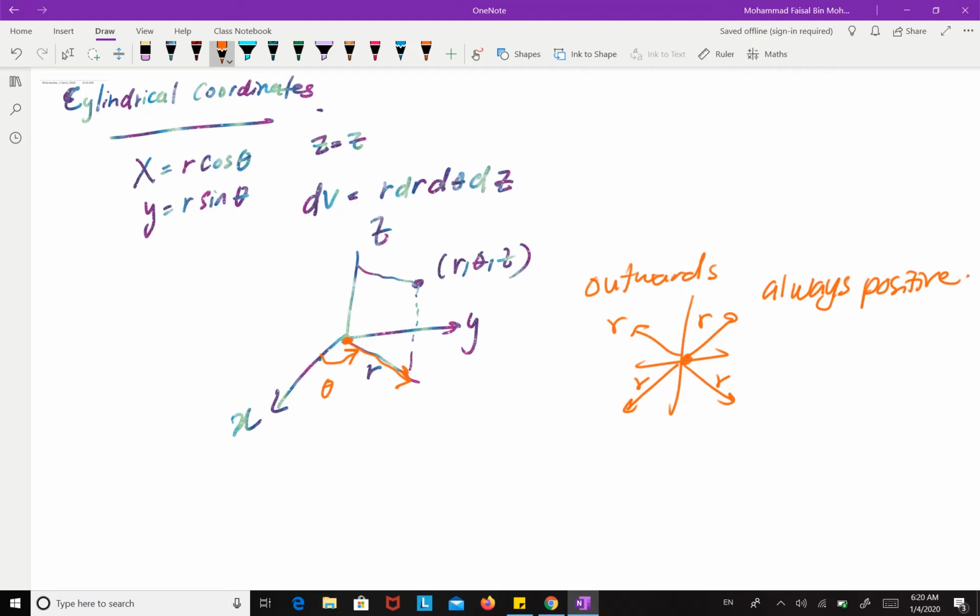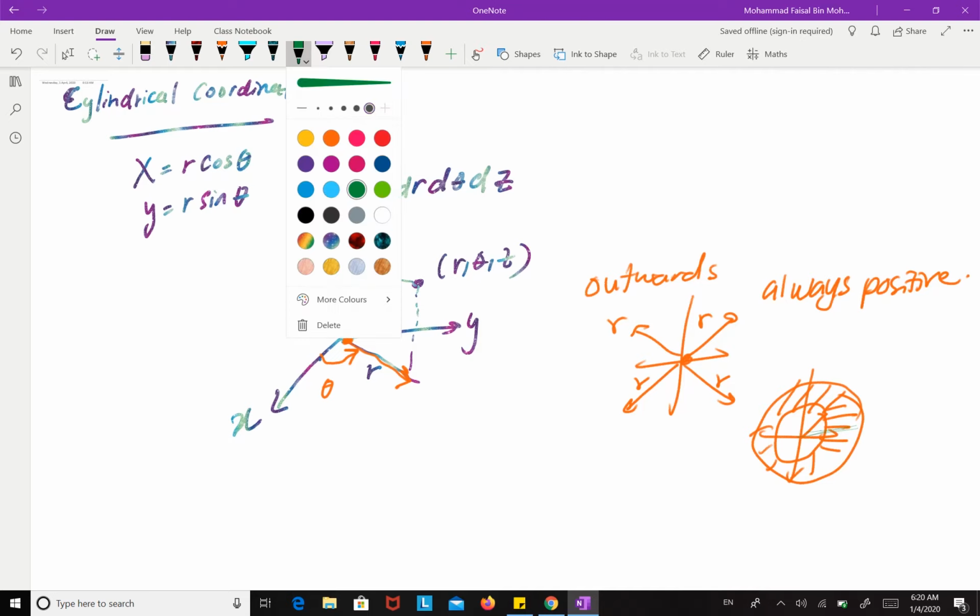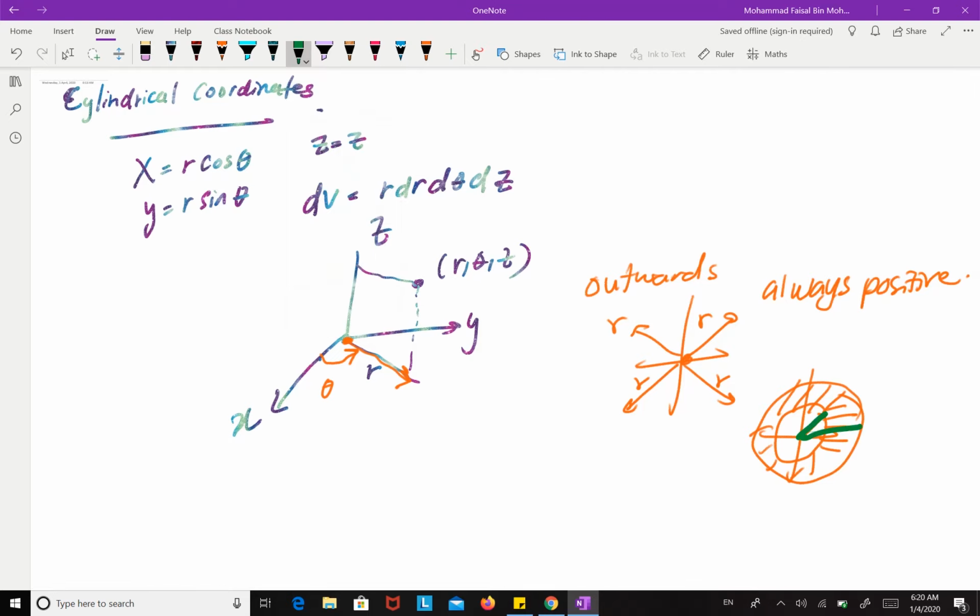R does not necessarily start from 0. If two surfaces are bounded and we are focusing on this region, your new r will be from this point to this point.